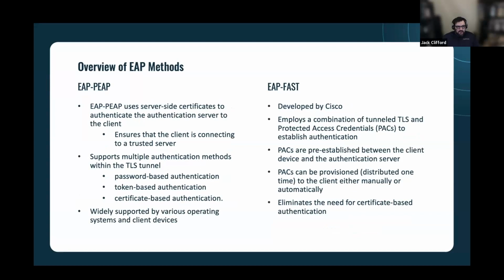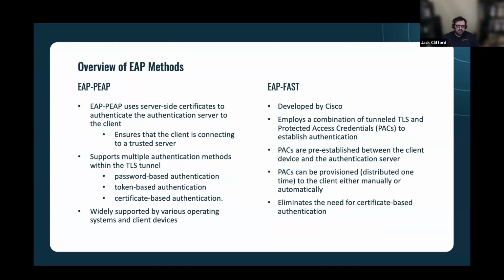One of the more popular EAP methods, I think it may be coming out of popularity, especially with Windows 11. I forgot what the feature is called, but by default, it's basically losing support for MS-CHAPv2 type authentication.